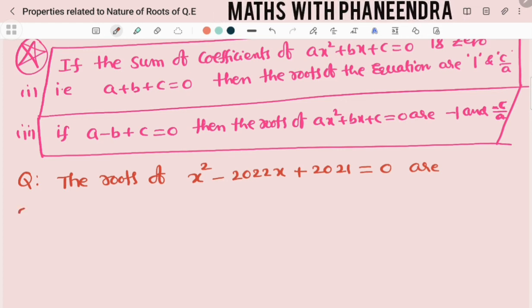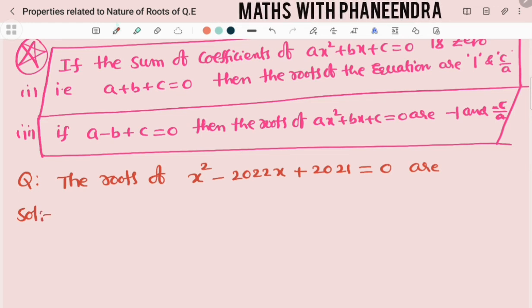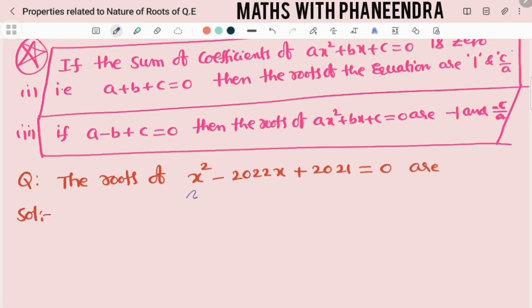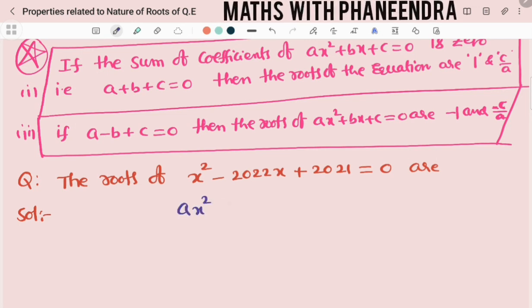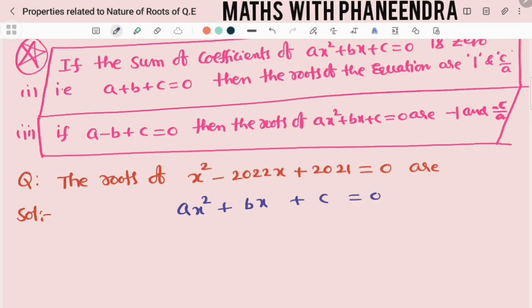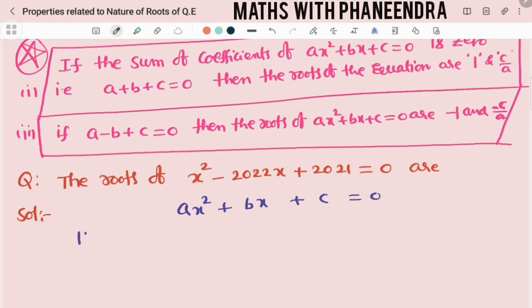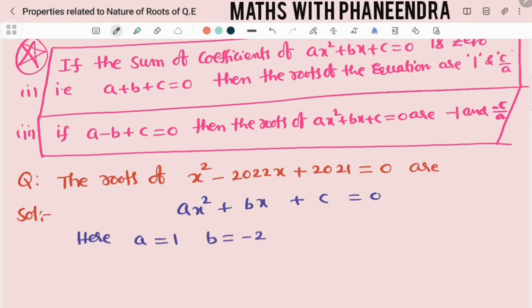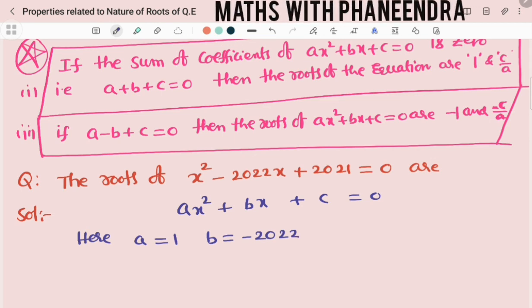You have to compare this with the quadratic equation ax square plus bx plus c equal to 0. So here you write the values of A, B, C. A is equal to 1, B is equal to minus 2022 and C is equal to 2021.